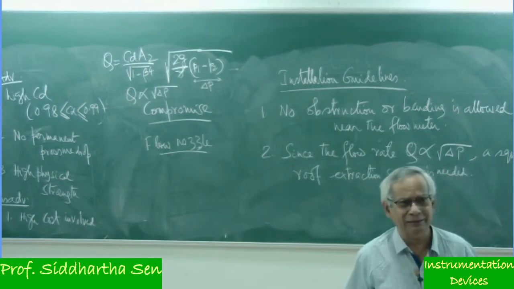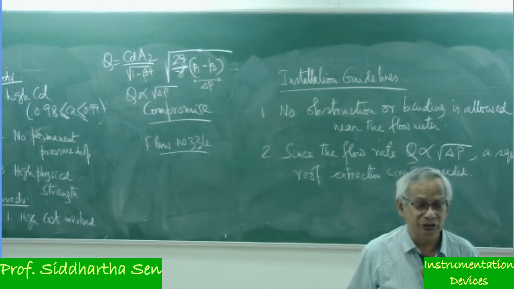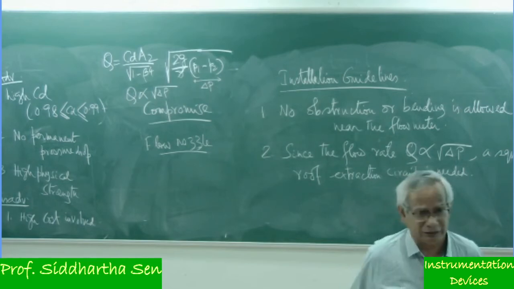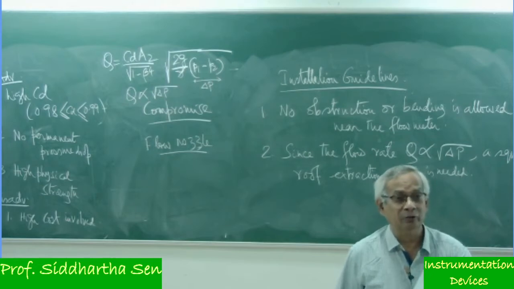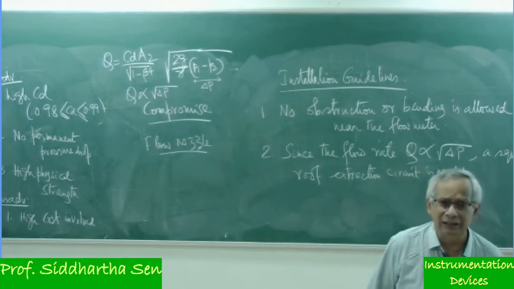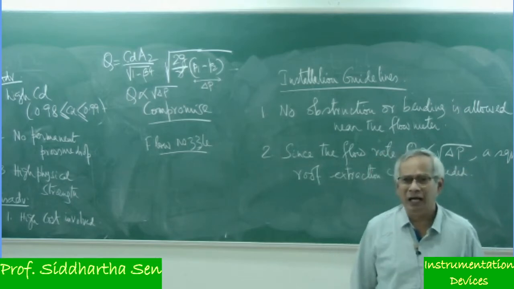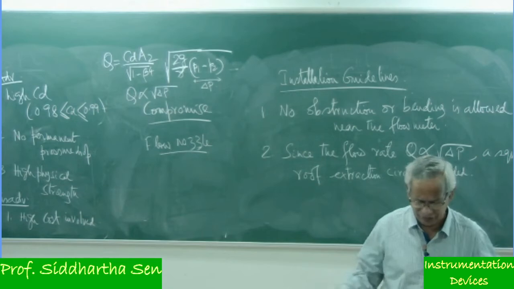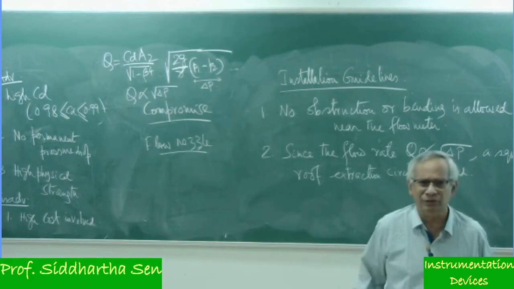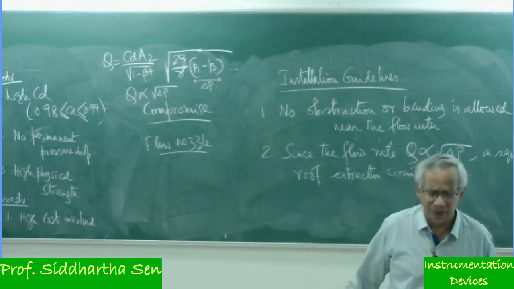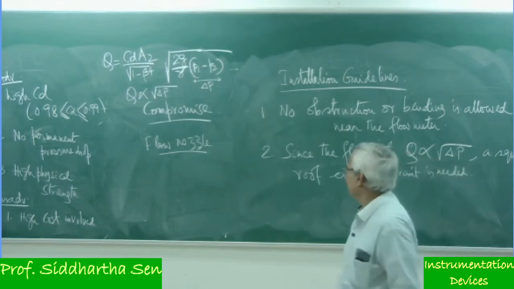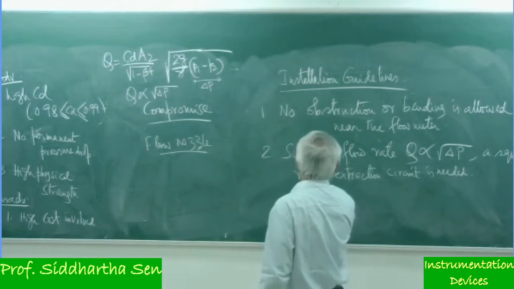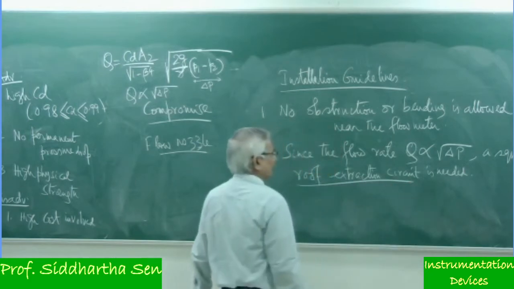And again, we need to take the square root of that electrical output. Then only can we get an output voltage proportional to the flow rate. So naturally, it's cumbersome, and it also requires a different area. How to do the square rooting, I will explain in another class. But let us keep in mind that this square root extraction circuit is also needed.